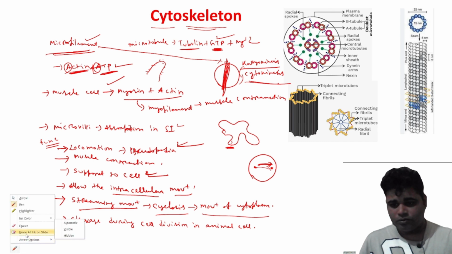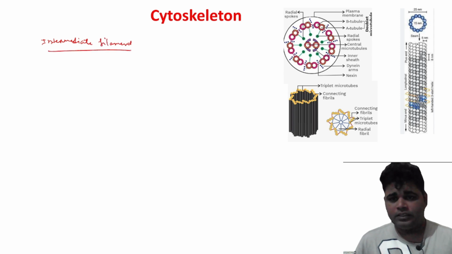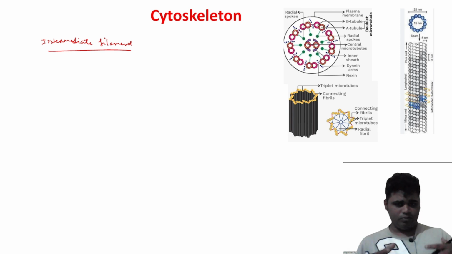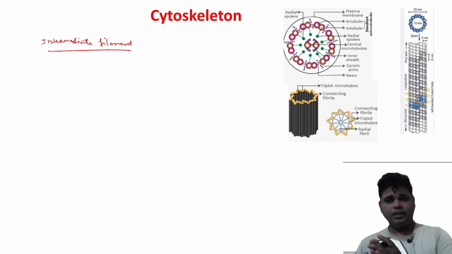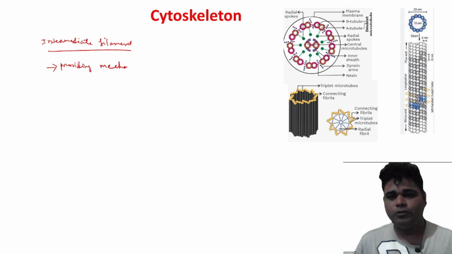So now come to the intermediate filament. Unlike the microtubule and the microfilament, intermediate filaments don't have many functions. They have only one function, that is providing mechanical support to the cell, or cell support.